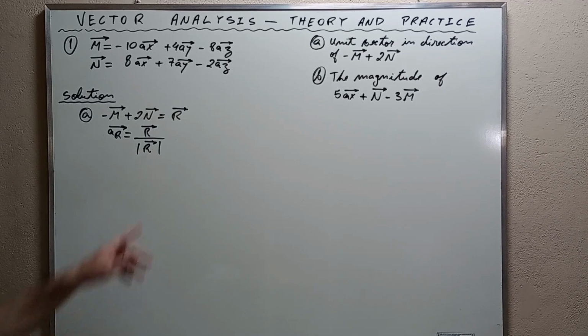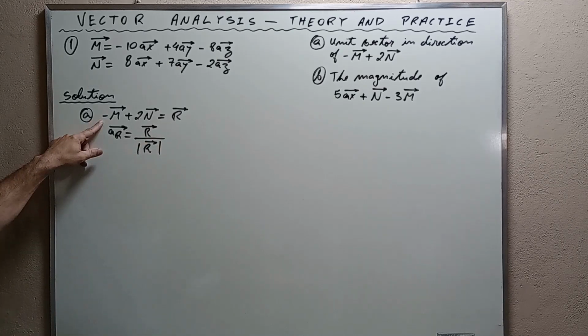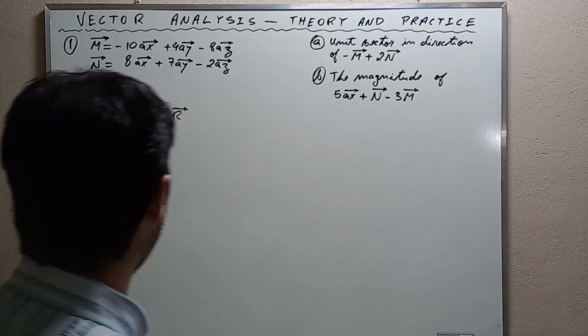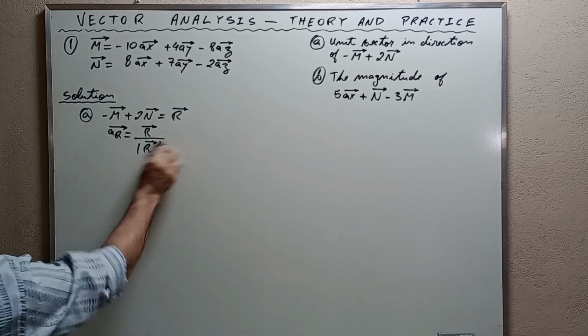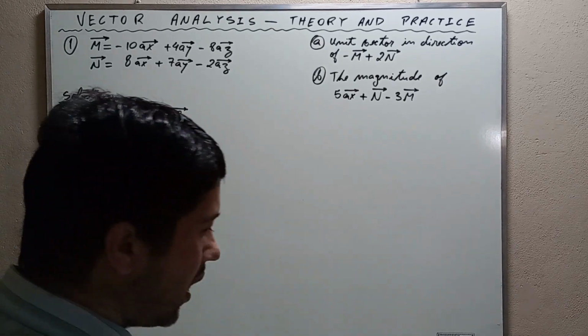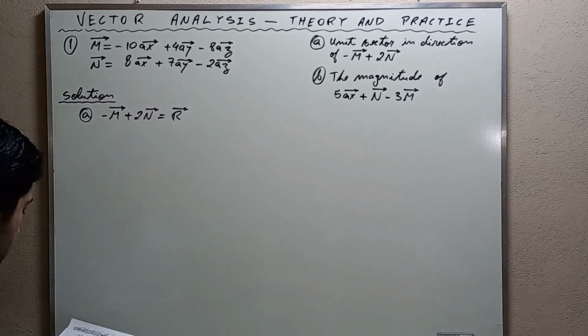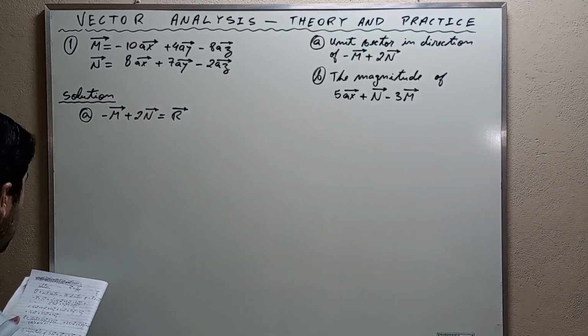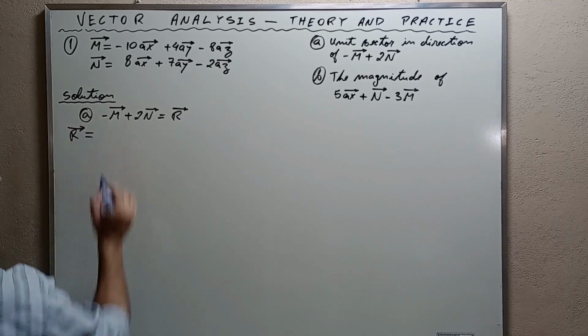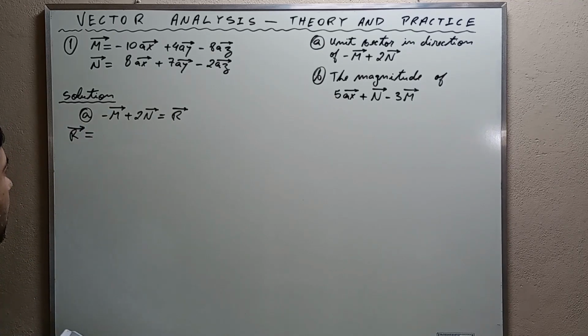Firstly, we find r. R is negative m plus 2n. This is the first step in calculating what the problem wants us to do. So r is equal to negative m. Okay?